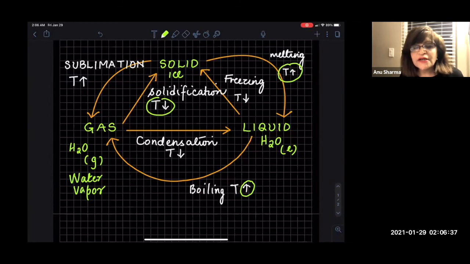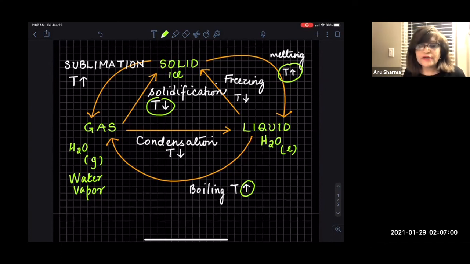That happens in cold temperatures, especially when it's snowing outside. The water vapor strikes the glass of the window, and it forms those beautiful structures of ice. It immediately freezes, the water vapor. So that is solidification. Now let's look at the gas.